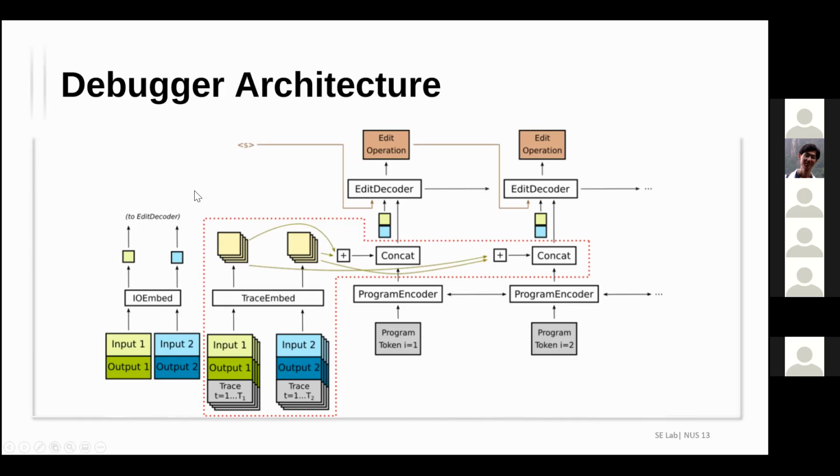Will you please go back to here? What did you mention on this line? S is the start. It's just an arbitrary start of the program. And here, the edit encoder, why is there a line between two edit encoders here?